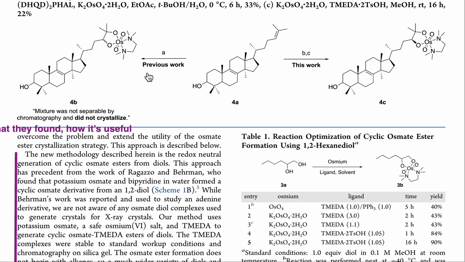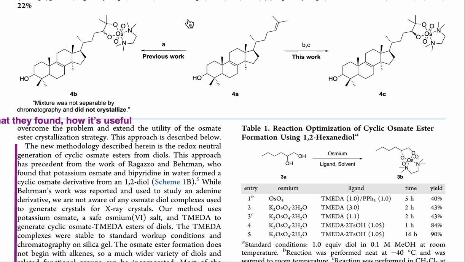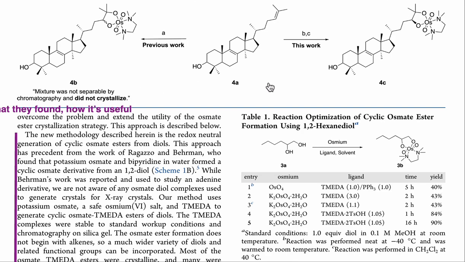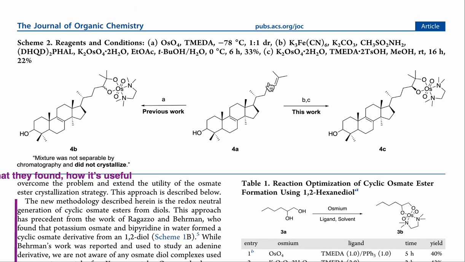So here they have previous work. They have a very convenient diagram here of what was happening, that someone else tried to make this osmate ester, and it did not crystallize because it was not separable.